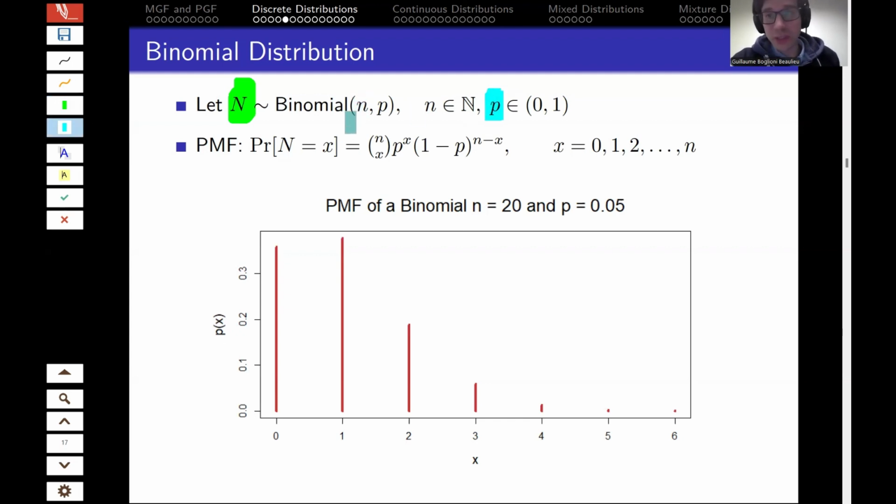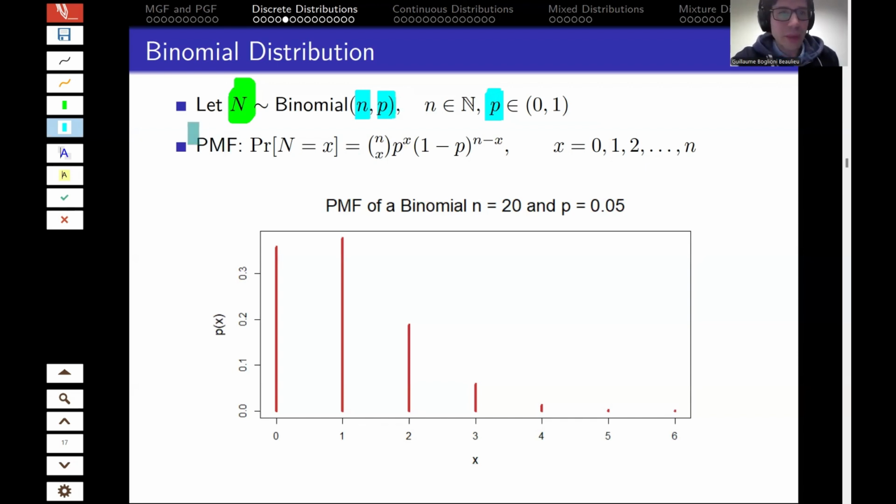So this discrete random variable has two parameters: n, the number of trials, and p, the probability of success within one trial. I say success in quotation marks because it depends on what the situation is. You can define a success however you like. It's a bit grim, but maybe N is counting the number of people who have died in a given time period. If that's the case, you would define a success as somebody dying.